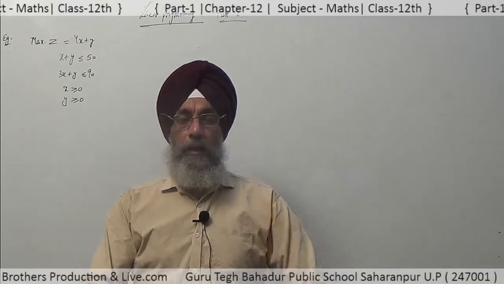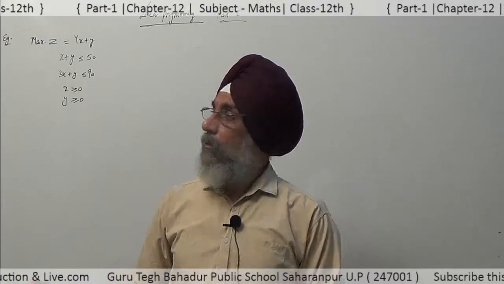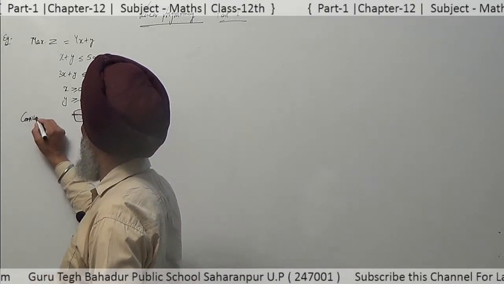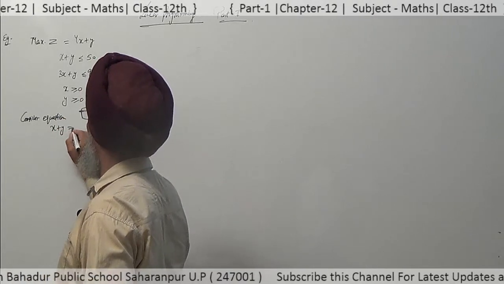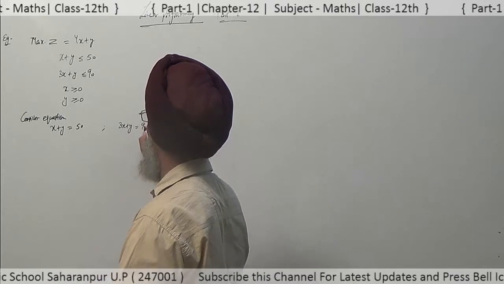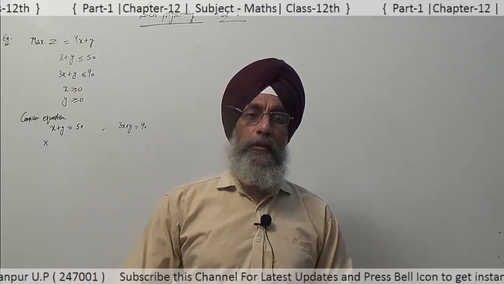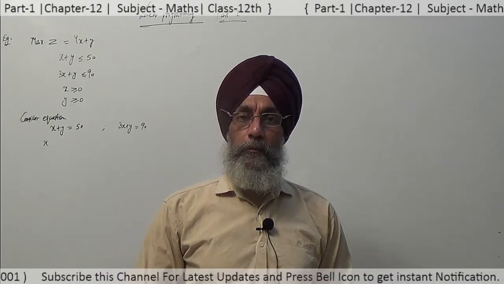The same method as we applied in class 11 to find the common shaded region, we apply here. So, consider the equations x plus y is equal to 50, 3x plus y is equal to 90. Converting them into the intercept form of the line, that is x upon a plus y upon b is equal to 1.